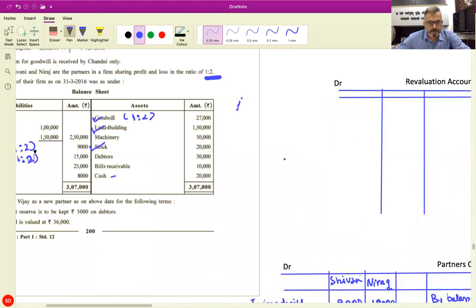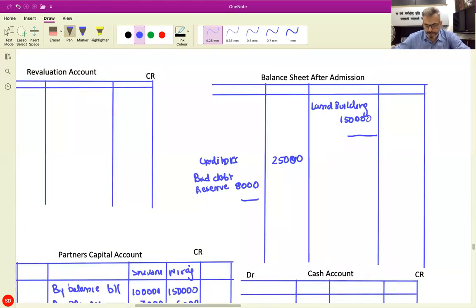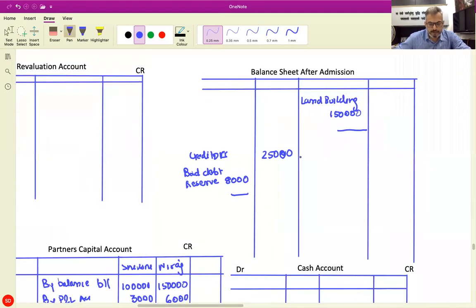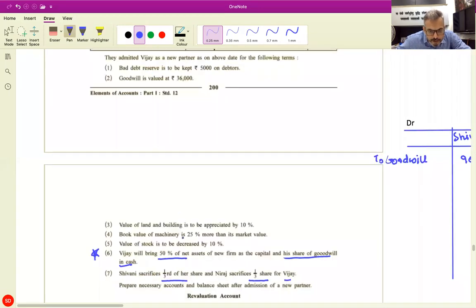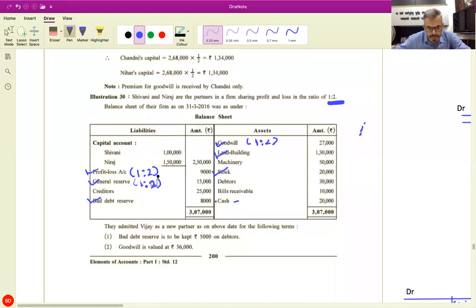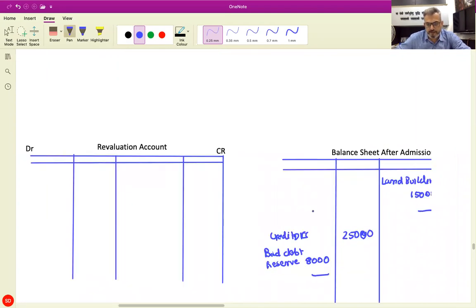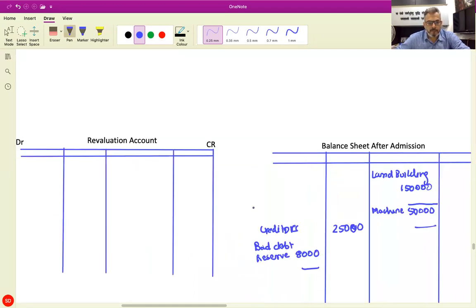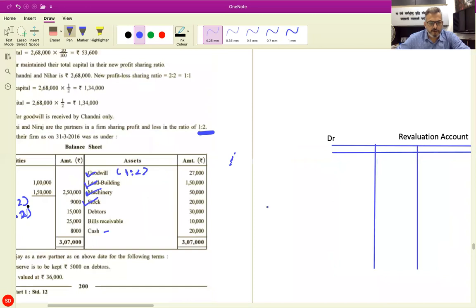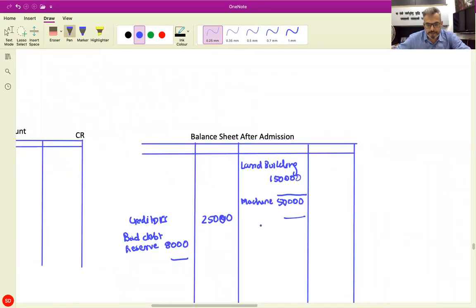Machinery, no adjustment, outer column 50,000. Machinery, there is an adjustment. Let's check. Yes, book value of machinery is 25% more than its market value. Again, market value is important. Tick machinery. Inner column 50,000. Stock inner column 20,000.